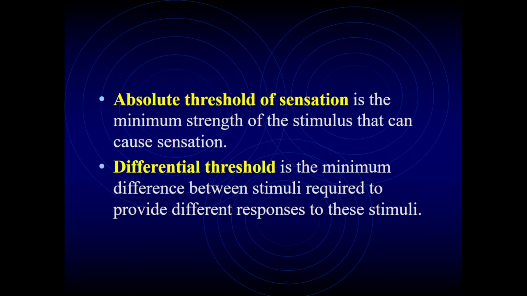The sensitivity of the sensory system is characterized by the absolute threshold of sensation, which is the minimum strength of the stimulus that can cause sensation. Differential threshold is the minimum difference between stimuli required to provide different responses to these stimuli.